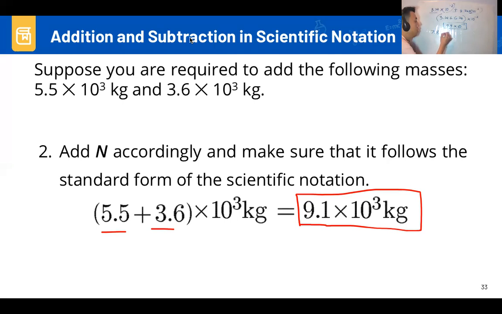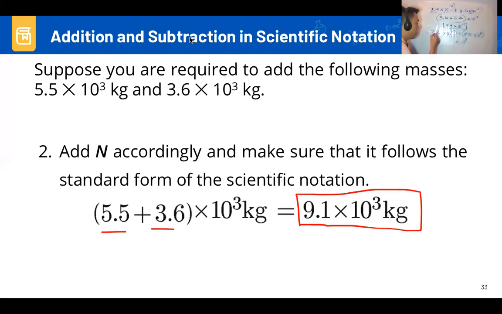7.82 times 10 raised to 8 plus 8.95 times 10 raised to 8. So what will be our answer here? The same. So I will just copy times 10 raised to 8.